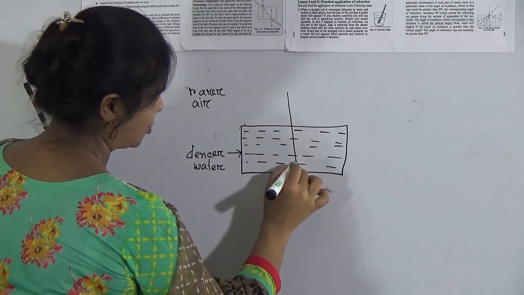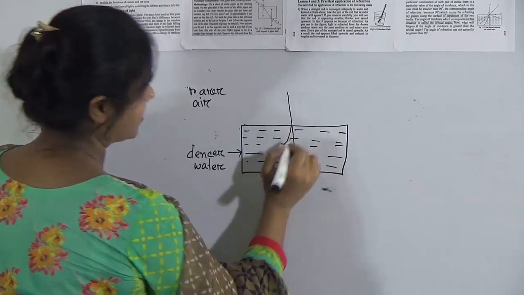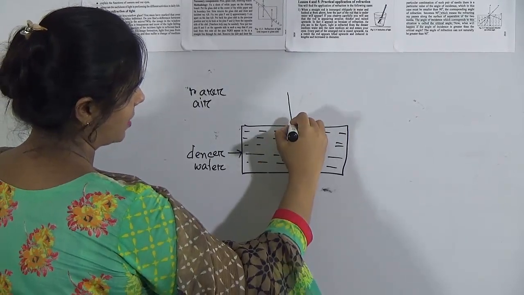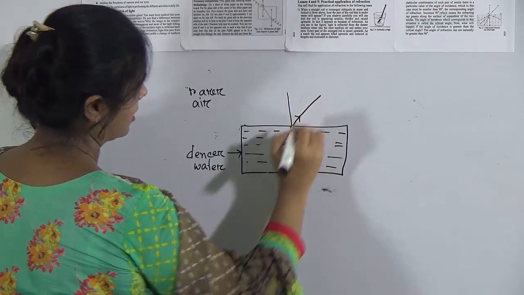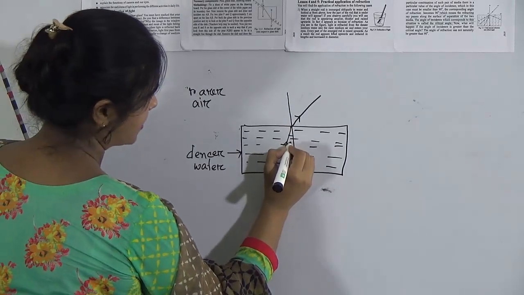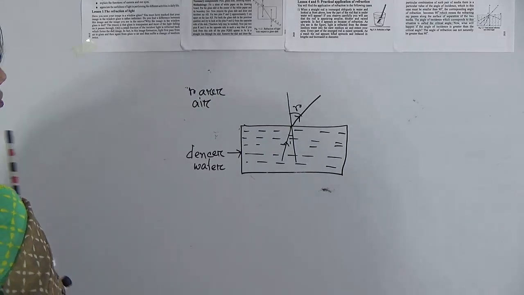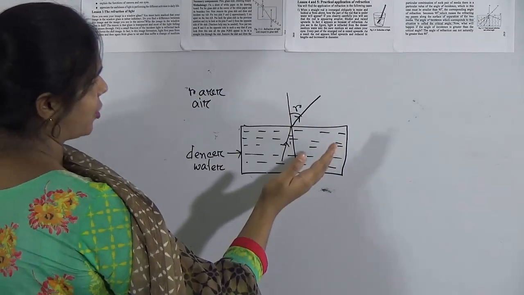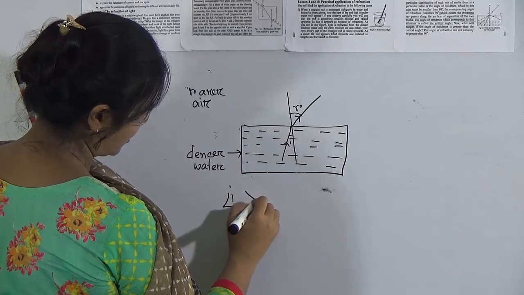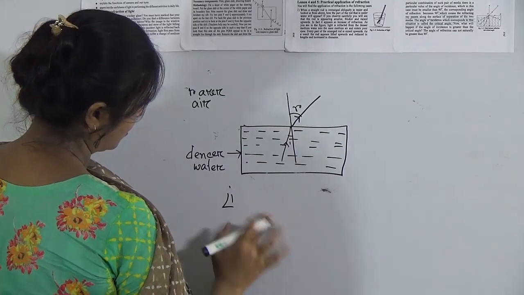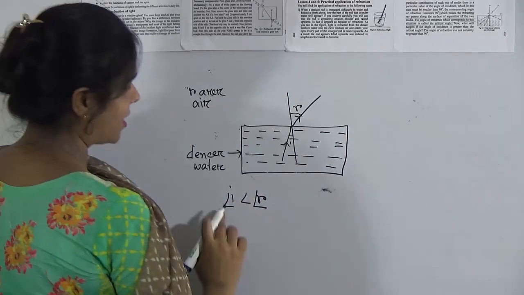First we draw a normal, and this is the angle of incidence, this is the angle of refraction. We learned that if light rays come from the denser medium to the rarer medium, they bend away from the normal. That time I is smaller than R, that means R is greater than I.